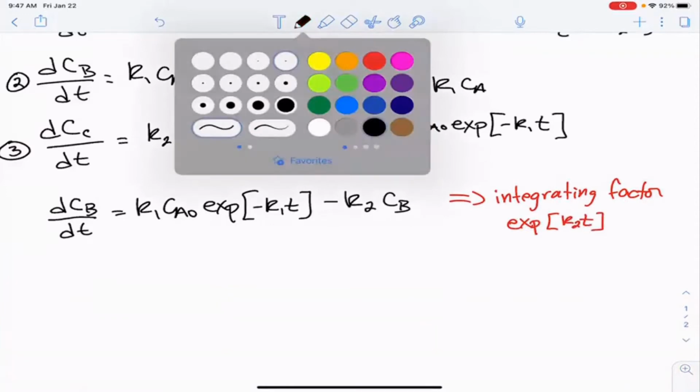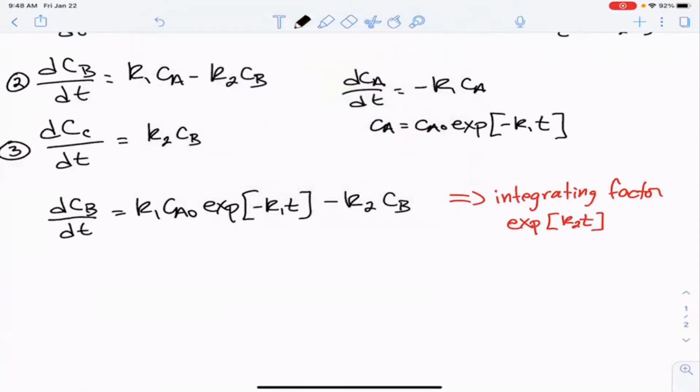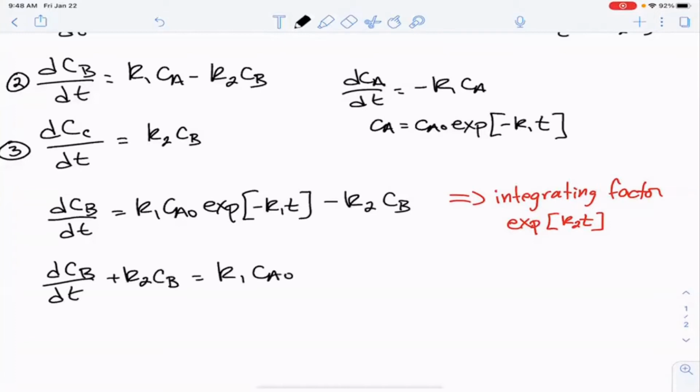What we do when we use this integrating factor is first add k2 CB to that side of the equation and then multiply everything by the exponent of k2 times t. That gives dCB/dt plus k2 times CB equals k1 CA0 times the exponent of minus k1 times time.